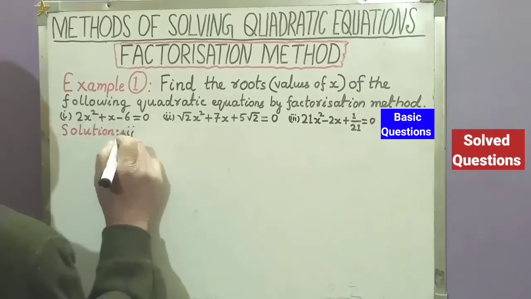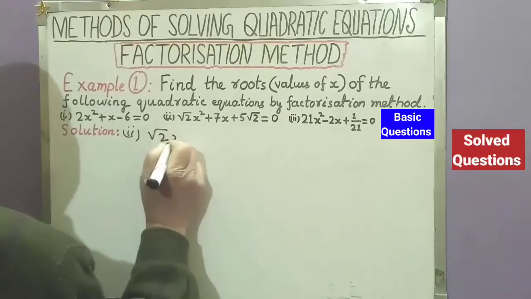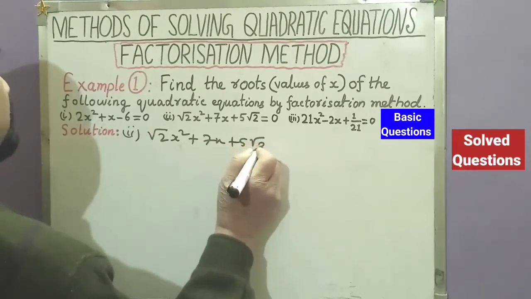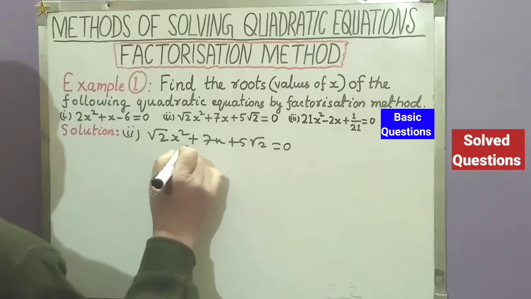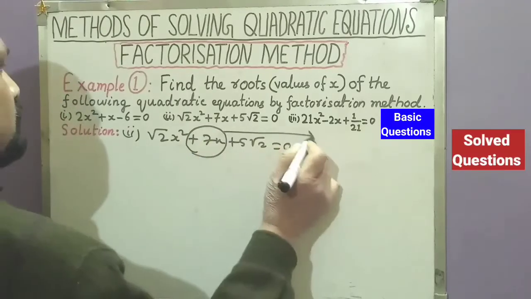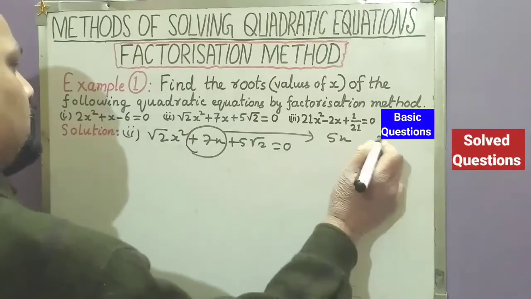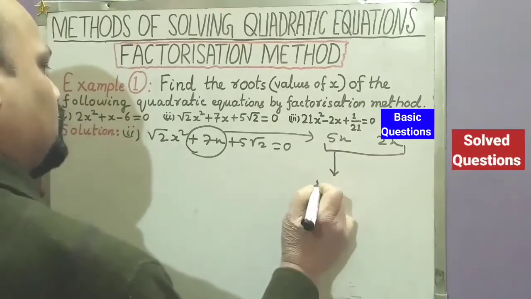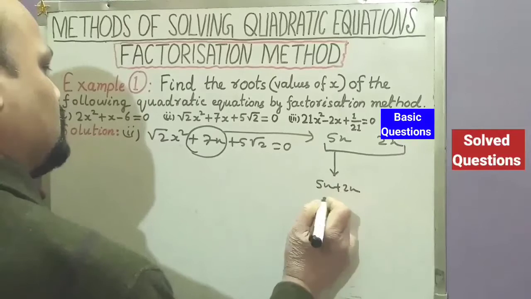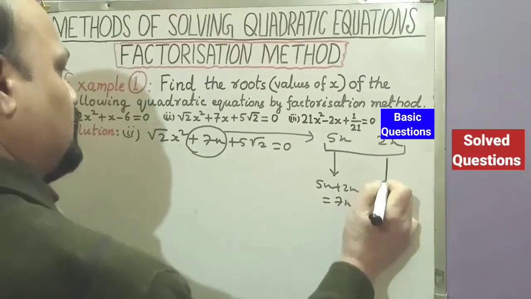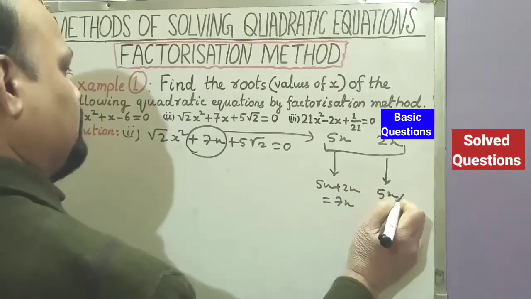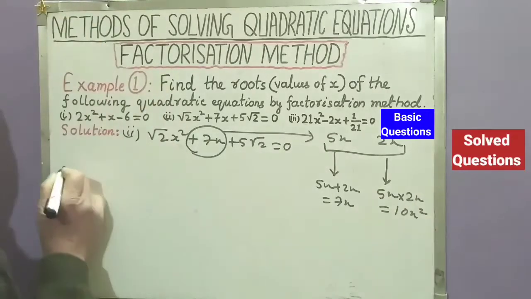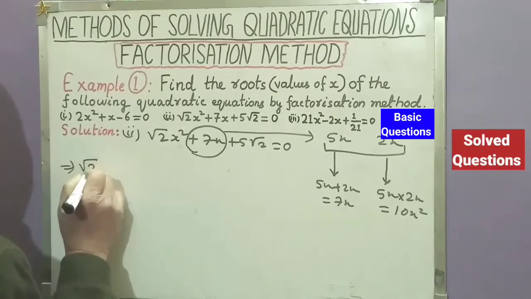Second part, √2x² + 7x + 5√2 = 0. Now similarly split the middle term 7x into two terms 5x and 2x such that their sum, 5x + 2x, equals 7x, the middle term itself, and 5x into 2x, the 10x², is the product of first term and constant term.